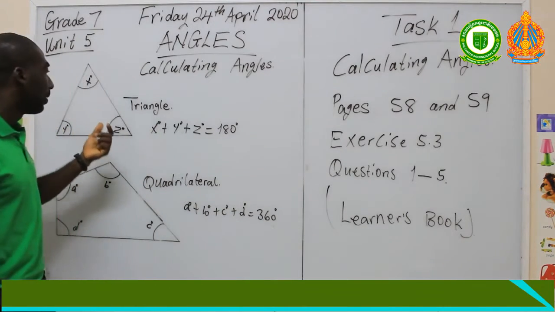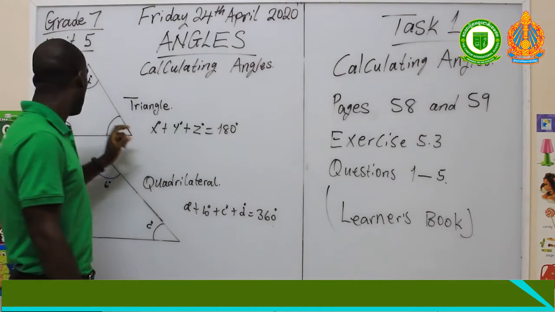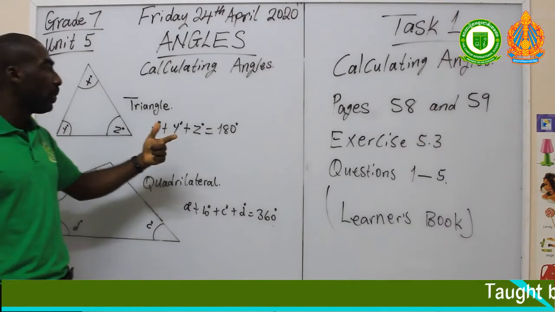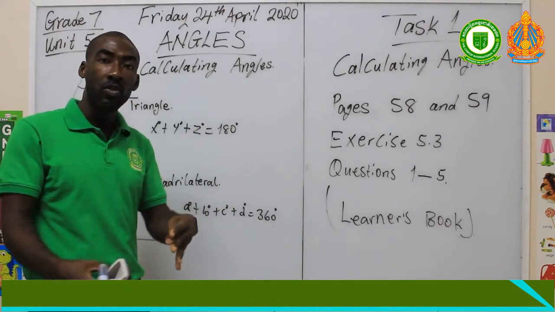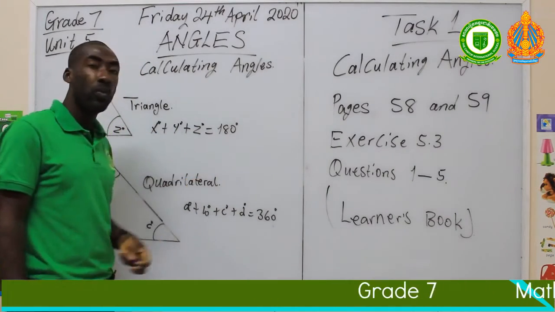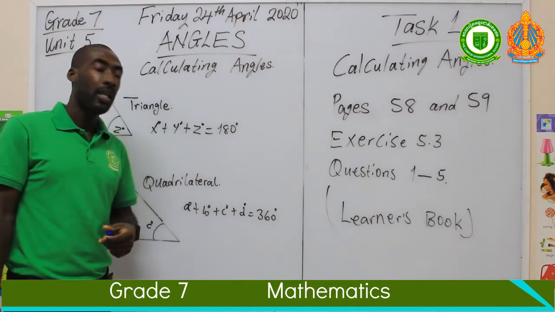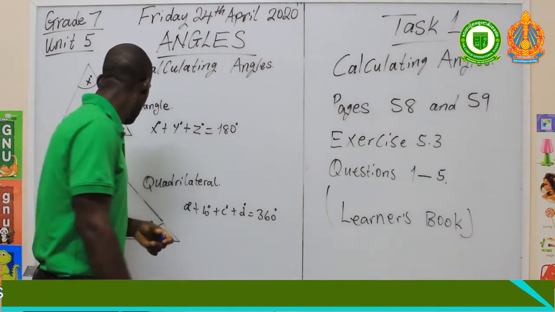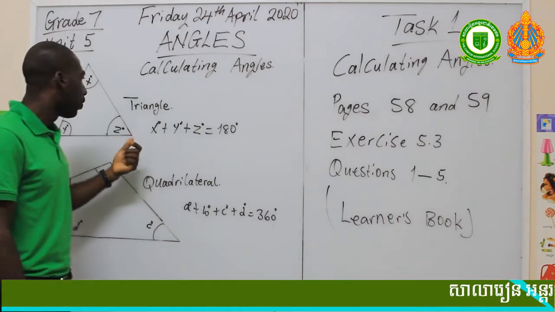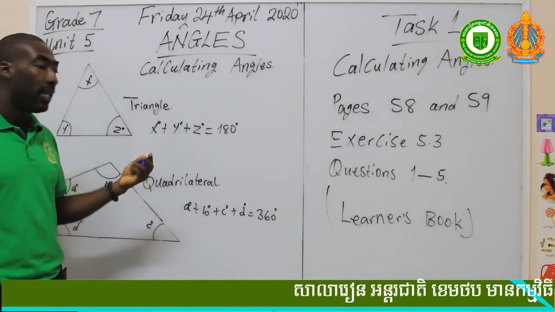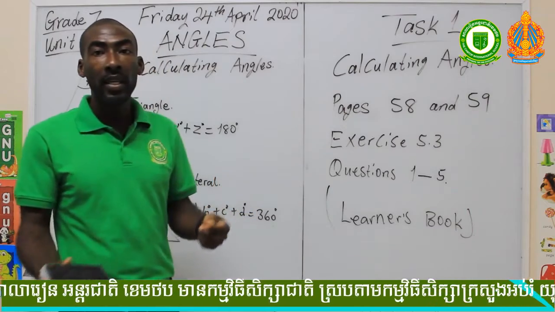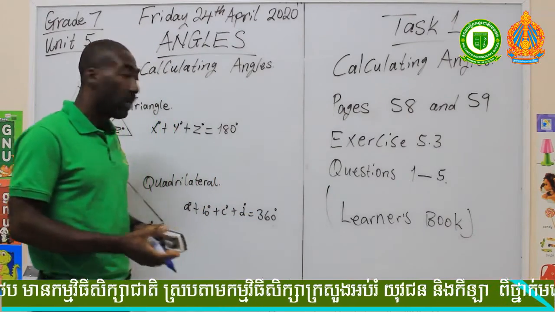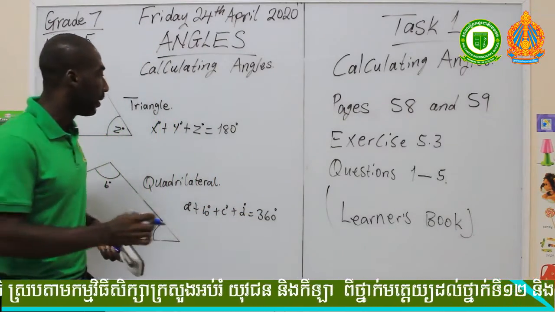A triangle, whatever its size, whether acute or obtuse, if it has 3 angles coming together, they will add up to 180 degrees. Once you have this concept in mind, it becomes so easy for you to calculate your angles anytime. So let's see another demonstration.